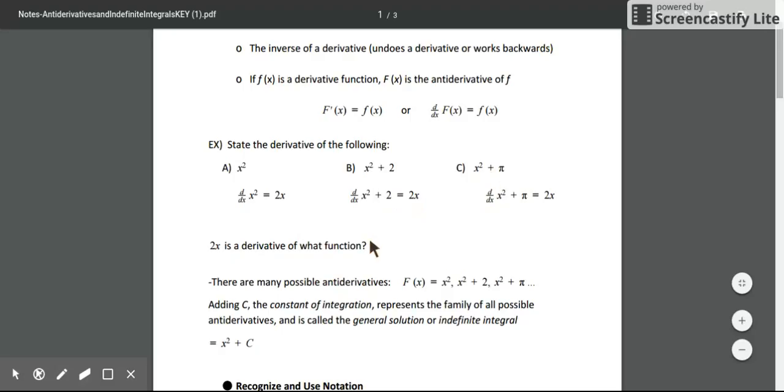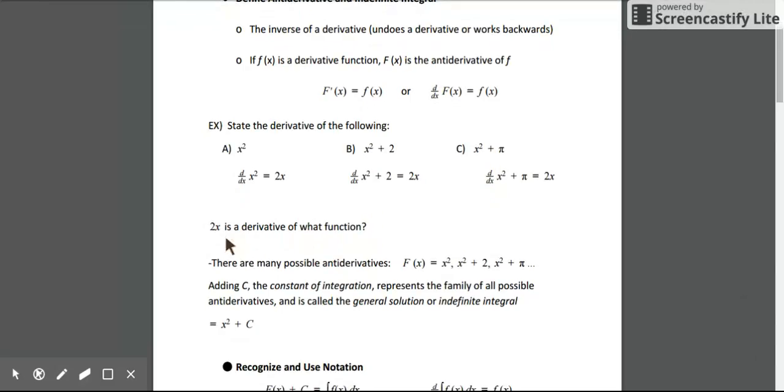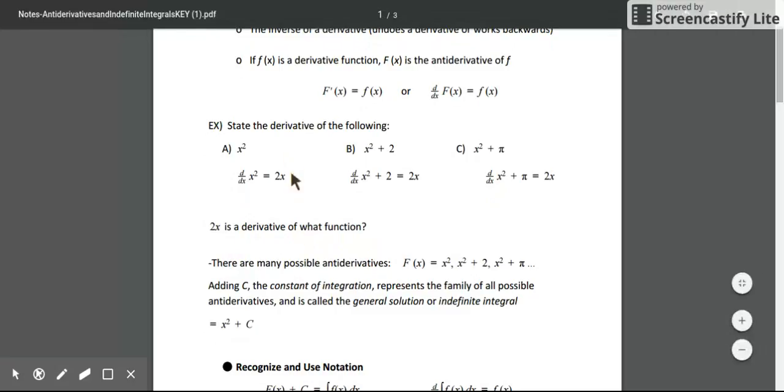So an antiderivative is asking this question. 2x is the derivative of what function? So let's try and work backwards now. Well, as we can see, the answer to that question has many possibilities. There are many possible antiderivatives to 2x, any of these plus many more.